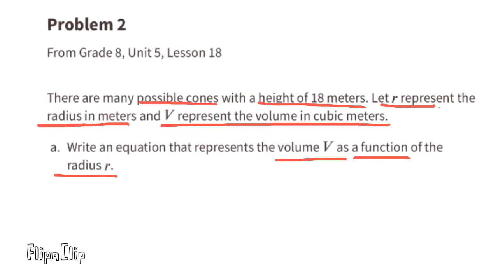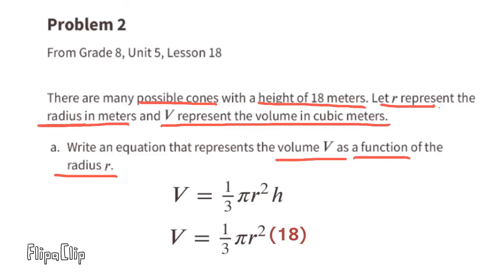We can start with the formula for finding the volume of the cone, and that is V equals 1/3 times pi times R squared times H. They tell us that the height is 18 meters, so we can substitute the H with an 18. Now the equation reads V equals 1/3 pi R squared times 18.